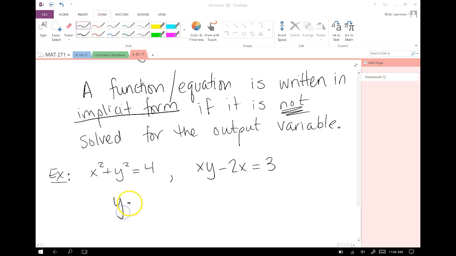So for us to say y minus 4 equals 2 times x plus 1, technically in that format, it's not solved for y. It would be very simple for us to get it solved for y, but it's not solved for y. So we could say it's implicit.